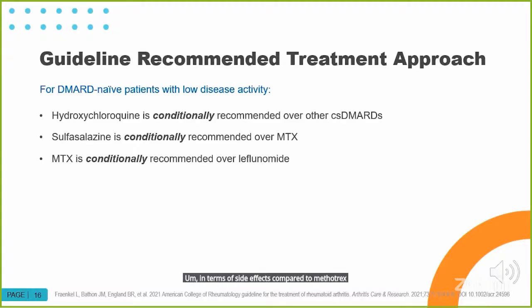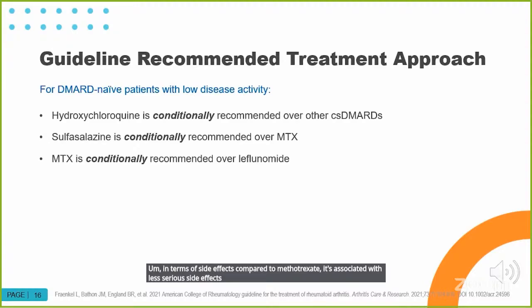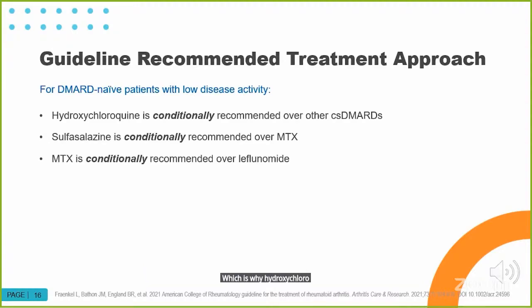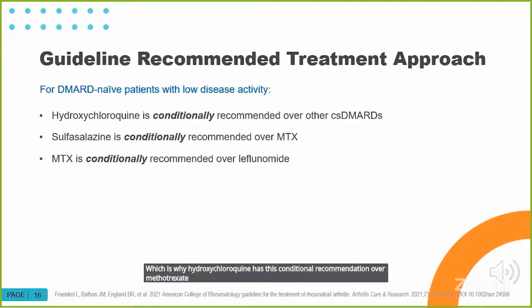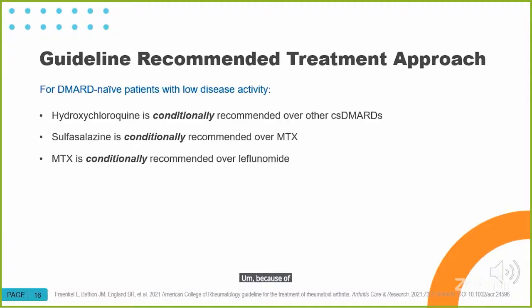It's associated with less serious side effects, which is why hydroxychloroquine has this conditional recommendation over methotrexate and other CS DMARDs, because of its efficacy in this population as well as lesser risk of side effects.